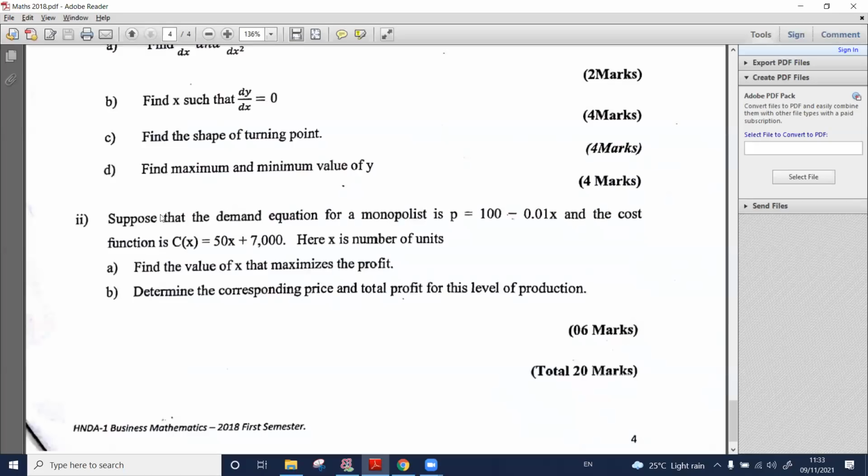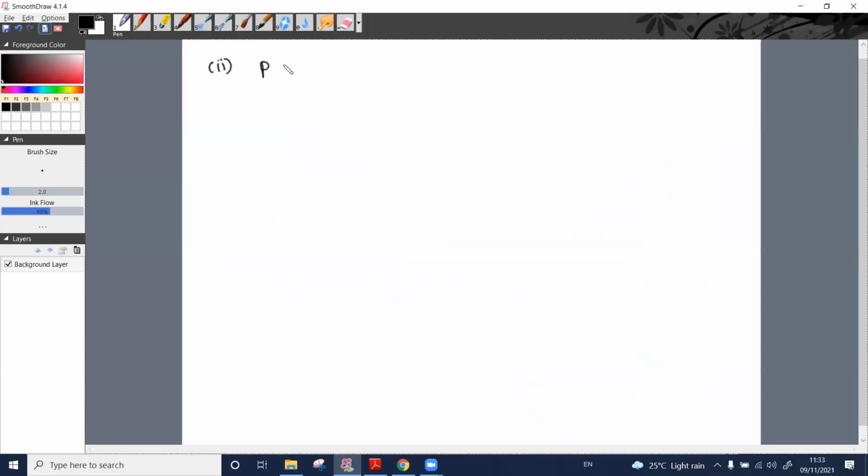This is from the application. Suppose that the demand equation for a monopolist is P equals 100 minus 0.01x. The demand function is given like this.